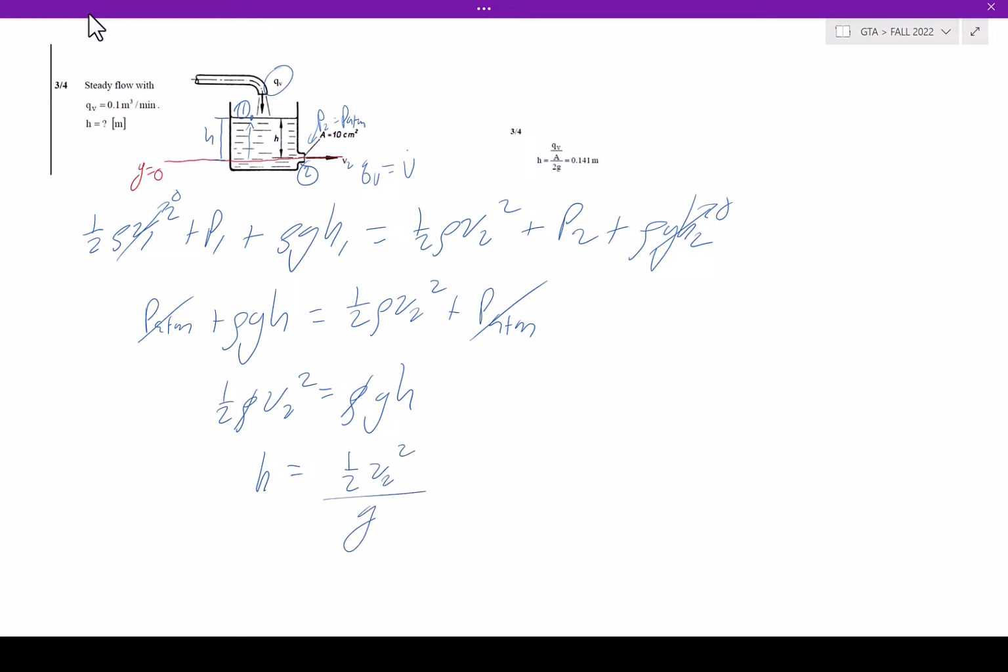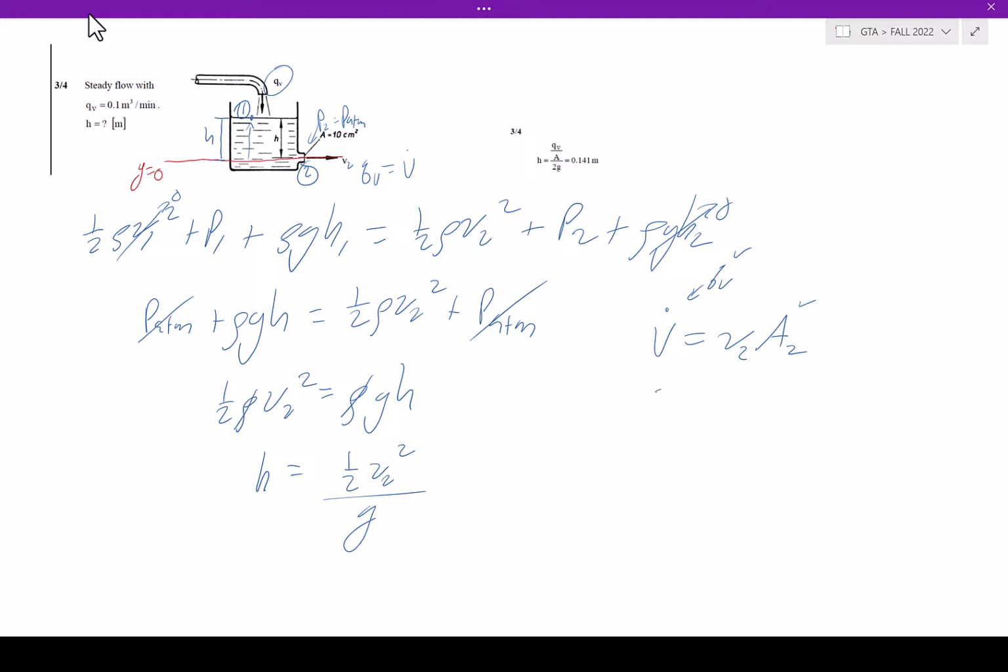Now here's where you need to figure out what V2 is. That comes from a part of the continuity equation; you know that the volumetric flow rate is equal to the velocity times the area. So this would be V2 times A2. We're given the volumetric flow rate, which is what they define as QV, and we're also given the area.